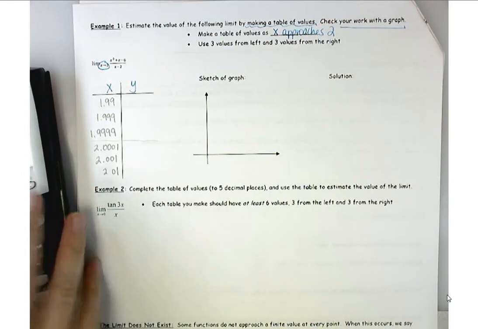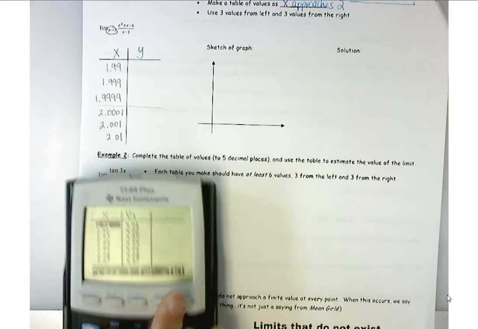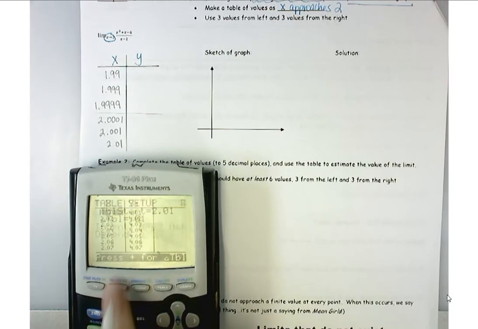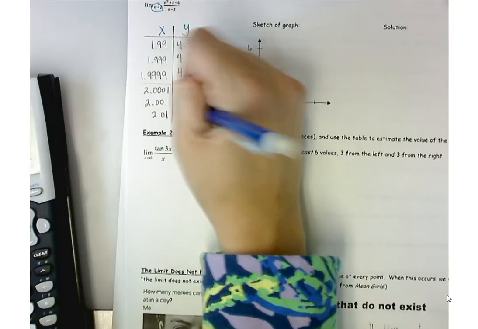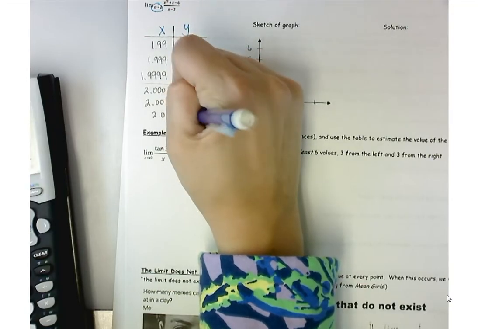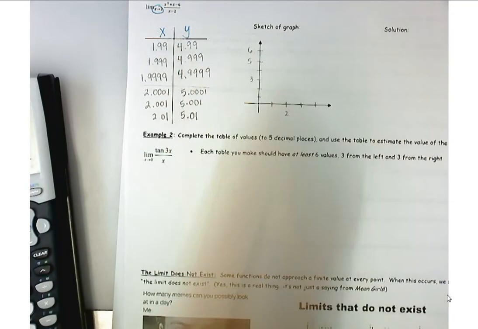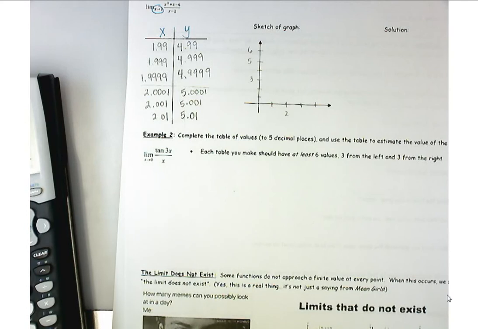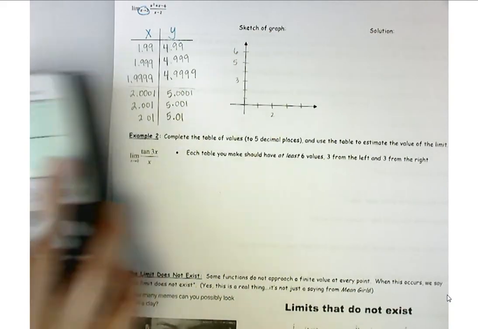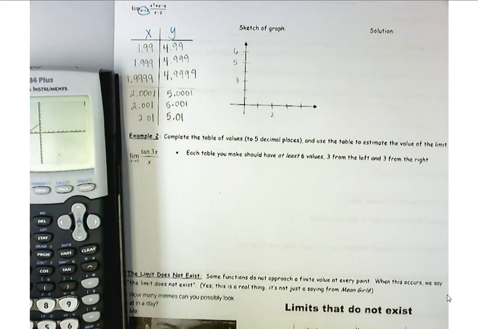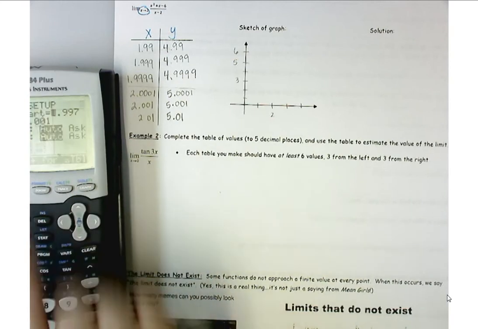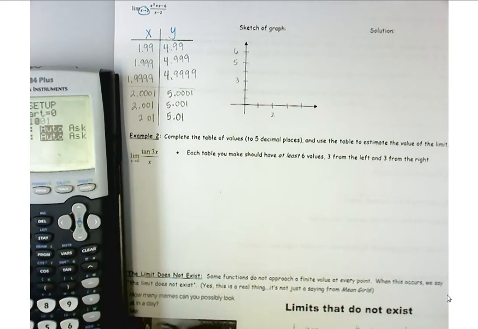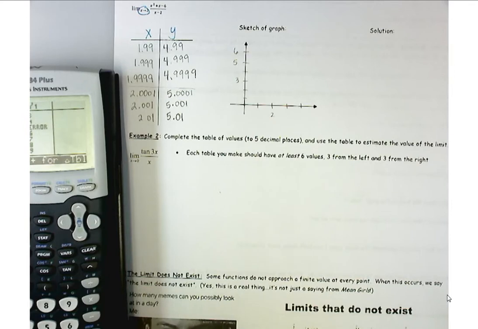Okay, now again, you can use your table function for where you want to start. Now, like I said, there is going to be a hole, but it's going to be very, very small. When I go to my table, I am going to look at these values.